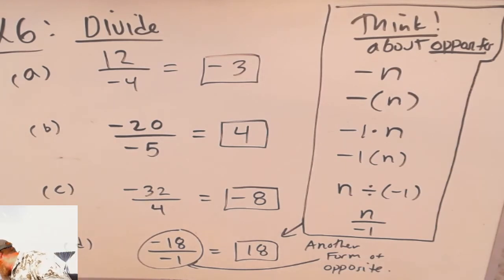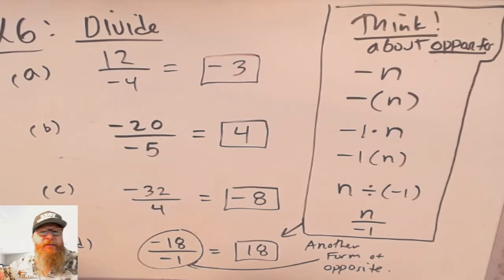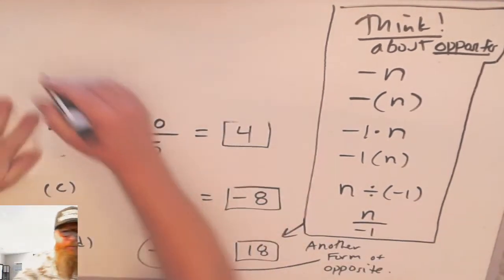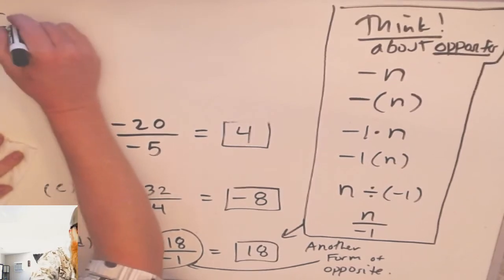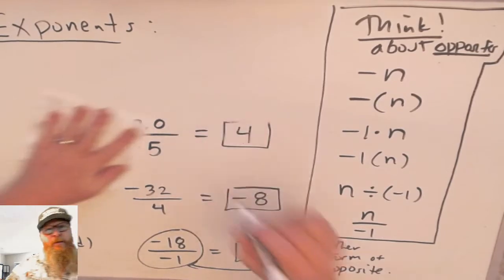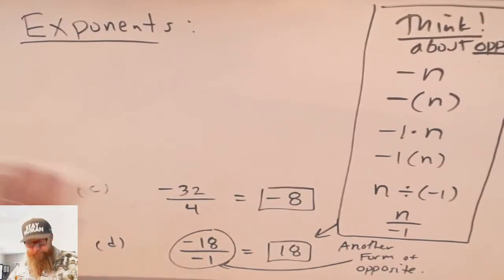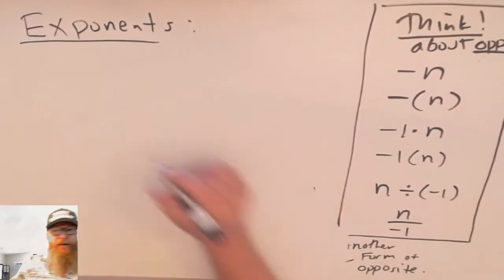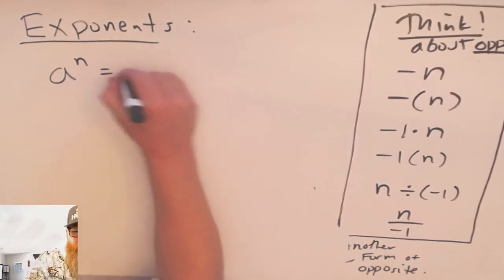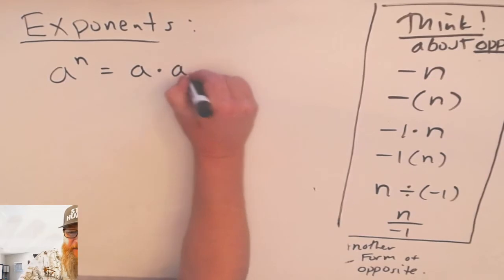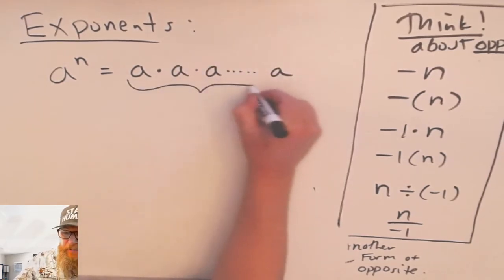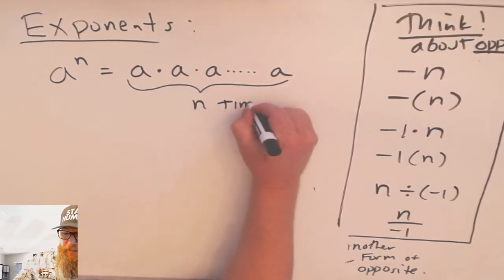Okay. Next, we're going to do exponents. We've done all the division problems. So, a to the n power means a times a times a, n times.